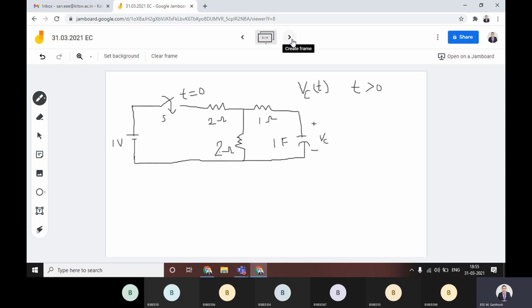The final value is equal to 0.5. That's okay, but give me the expression in terms of time, e power minus t. Like that, we'll have one expression for Vc of t. Your options are in terms of e power minus t only.